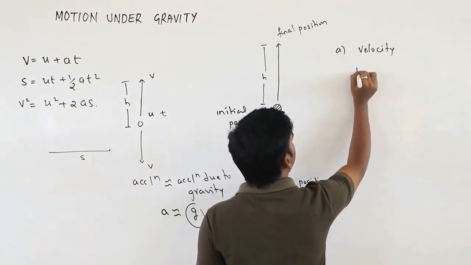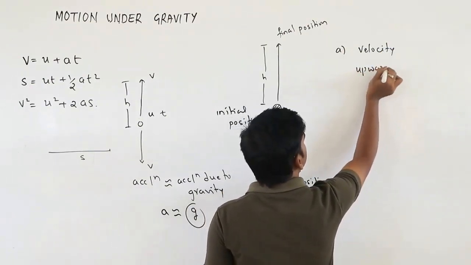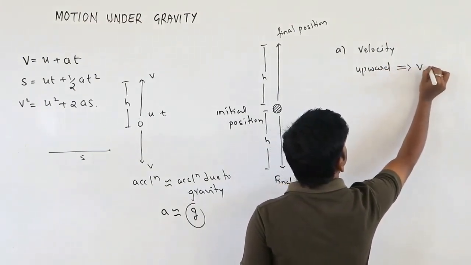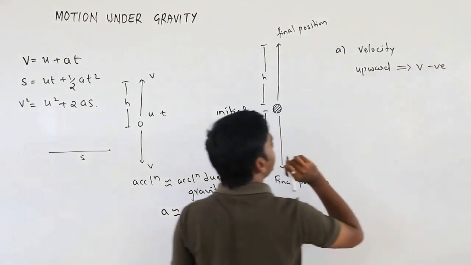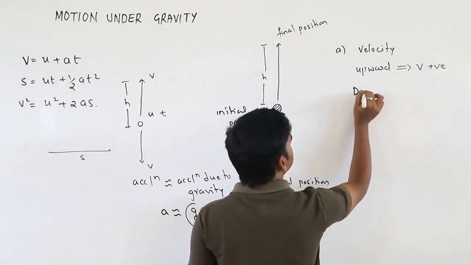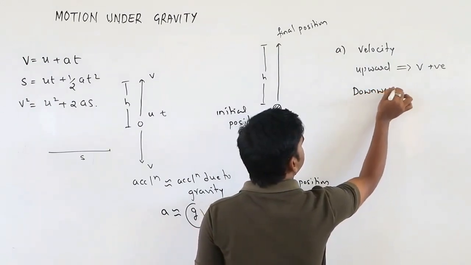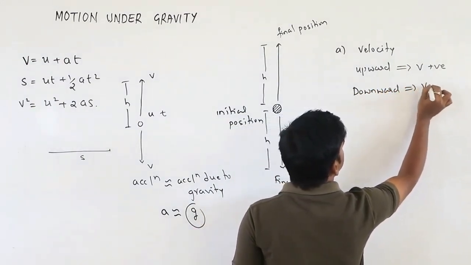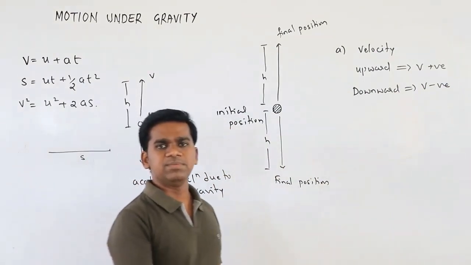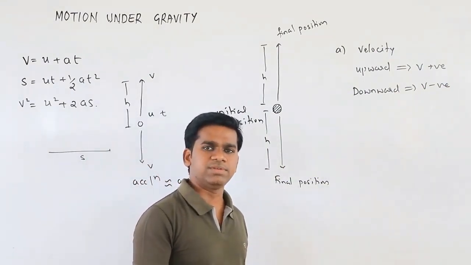Very simple: if the body is moving upward, you take velocity as positive. If it is moving downward, you take velocity negative. If the body is moving upward, velocity will be positive. If the body is moving downward, velocity will be negative.